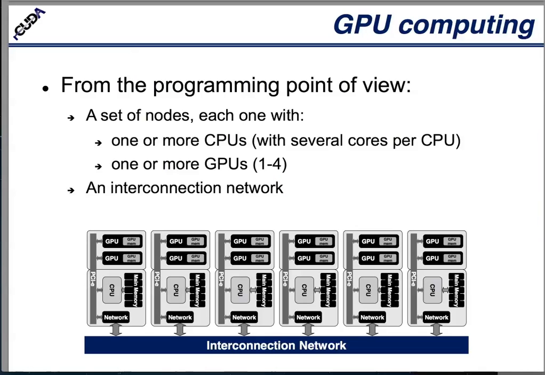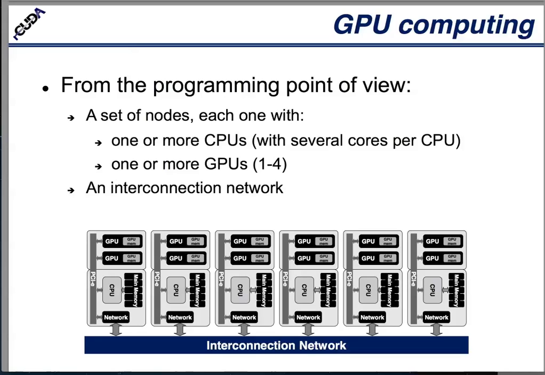From the programming point of view, the system can be seen as a cluster with one or more CPUs, with several cores per CPU, one or more GPUs, up to 8 in some systems, and an interconnection network.